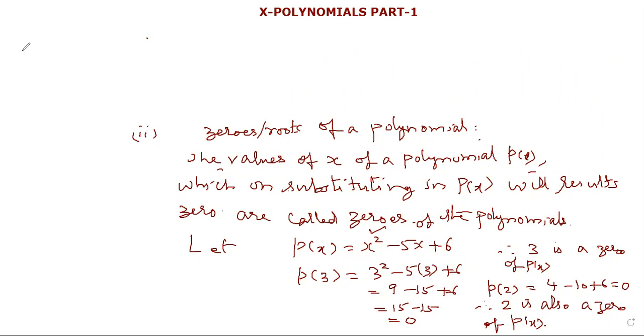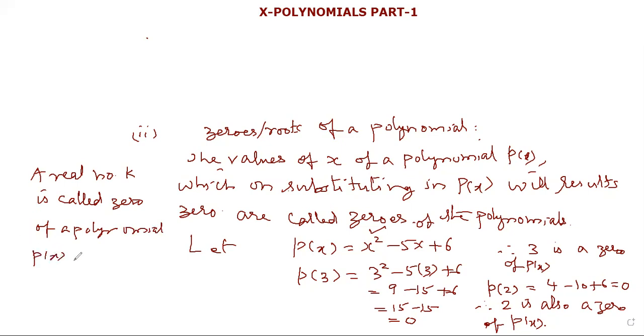We can write this definition also in mathematical form, that a real number k is called a 0 of a polynomial p(x) if p(k) is equal to 0.